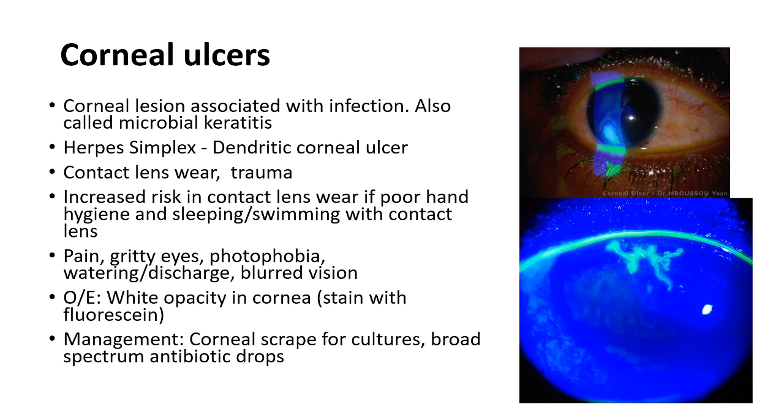Corneal ulcer is an infected lesion on the cornea. It is also called microbial keratitis. The common causative organism that you need to be aware of is herpes simplex. Infection with this virus creates a characteristic dendritic shape when stained with fluorescein. Risk factors include poor hand hygiene and sleeping or swimming with contact lens for people who wear them, or trauma.